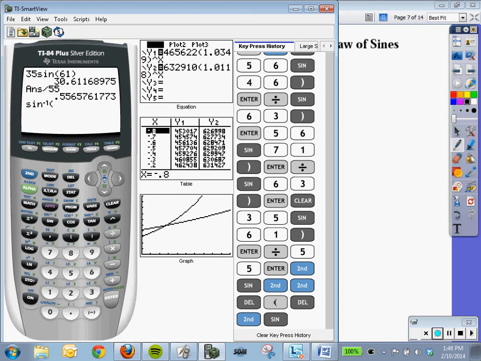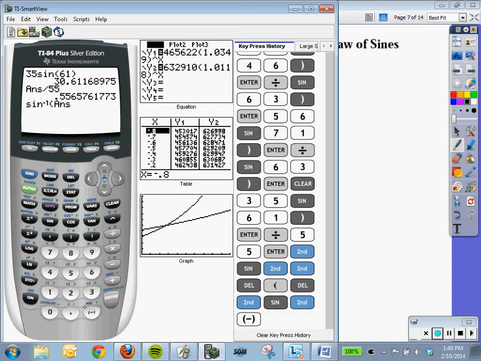And instead of typing away and not being exact, what I want to do is hit second, the upward arrow there, and then the negative sign, and that allows me to input my previous answer into that parenthesis spot. I'm going to close the parenthesis now and hit enter, and that gives me 33.8.